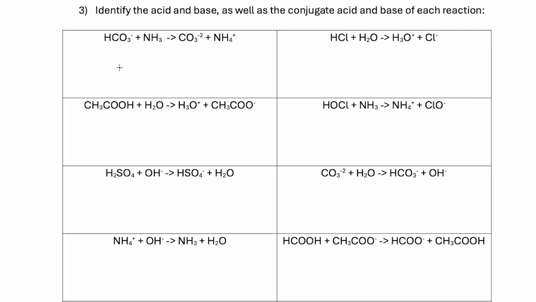Now in problem 3, I wrote out a bunch of acid and base reactions, and I feel like this is really good repetitive practice to get used to labeling your acids, your base, and then your conjugate acid and your conjugate base. And so just to review, your acid will become your conjugate base, and your base will become your conjugate acid.